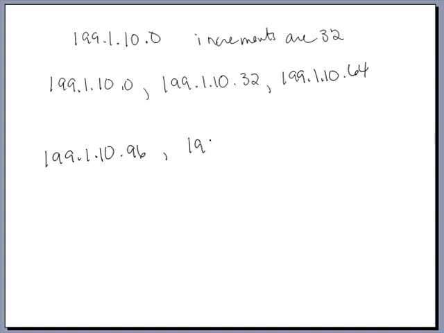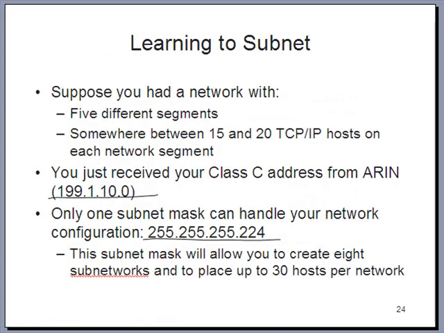And then the next one is 199.1.1.96. So 96 plus 32 is 128. And I keep going all the way until I get to the end, which was the last one they said to use, which was 224. Okay, so I'm going to go all the way up to 224.